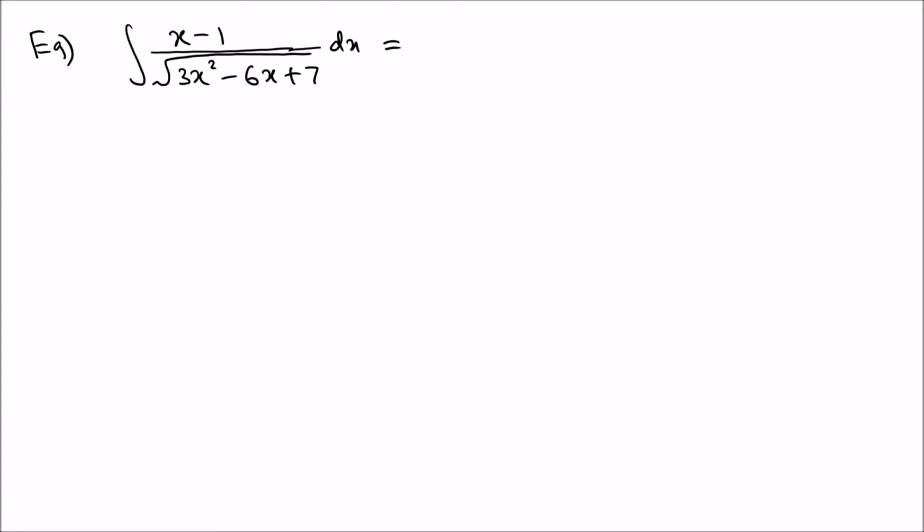If you look at the inside function, which is 3x squared minus 6x plus 7, the derivative is 6x minus 6. So you can see that the only thing you are missing is the 6. That means you can write this as 1 over 6, and you can multiply inside by 6, so you can write it like that, and then we can bring this to the top.